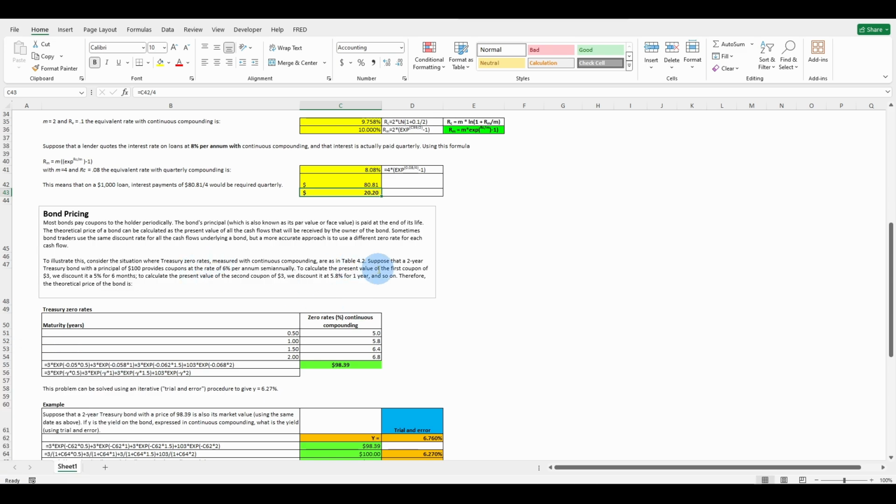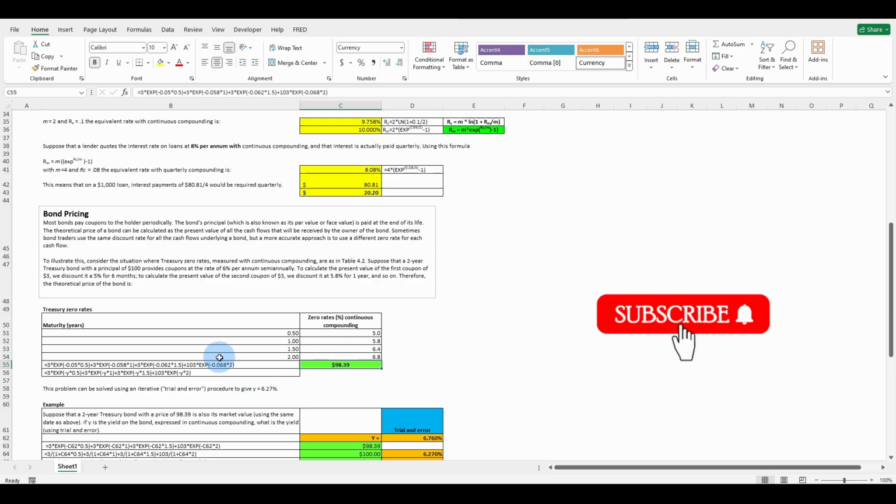Calculate the present value of the first coupon, $3, we discount it at 5% for 6 months. Right here. There's half a year, 5%. To calculate the present value of the second coupon of $3, we discount it at 5.8%. We discount the next at 6.4% and the last at 6.8%.